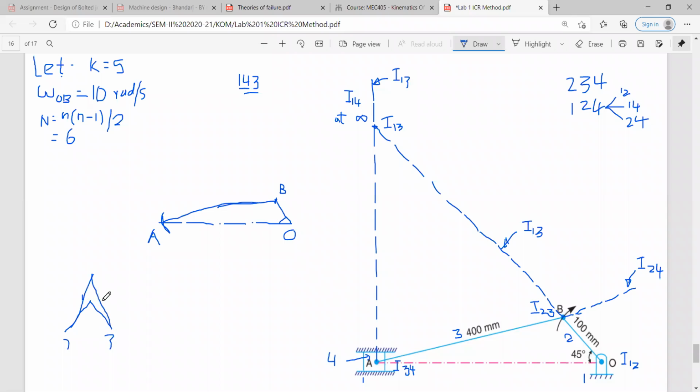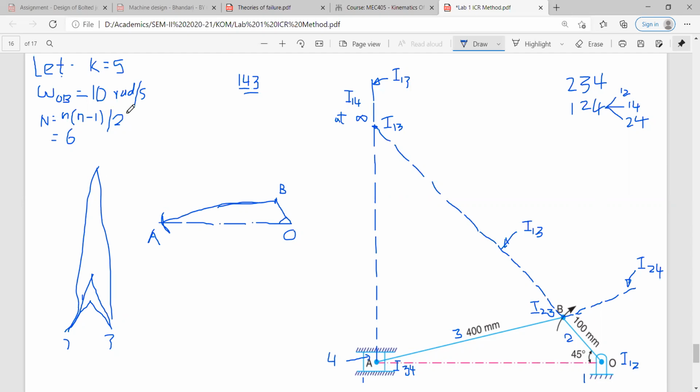Then what is happening? The angle between these two lines is decreasing. Similarly, if I shift point 1 here and from there if I connect this point 2 and point 3, again the angle between these two lines is decreasing. So we know that when two lines are parallel, angle between them is 0.